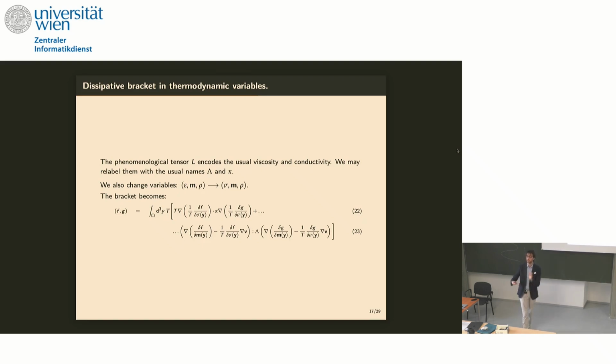If you do that, you get a bracket, and this is a dissipative bracket for Navier-Stokes. Of course, we already know the dynamical part for Navier-Stokes, just Hamiltonian dynamics. So if we put these two parts of the bracket together, it gives you a global bracket. And using the dynamics following this bracket, you will get exactly, in your phase space, the dynamics of your fluid following the Navier-Stokes equations.